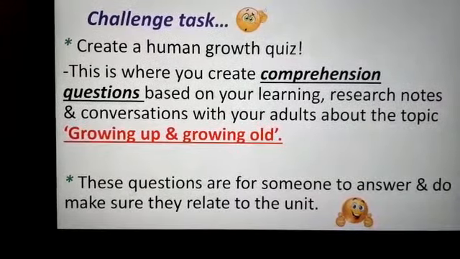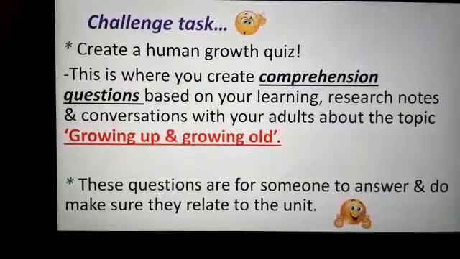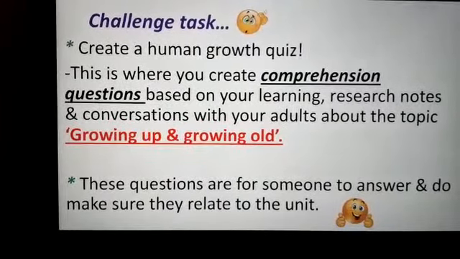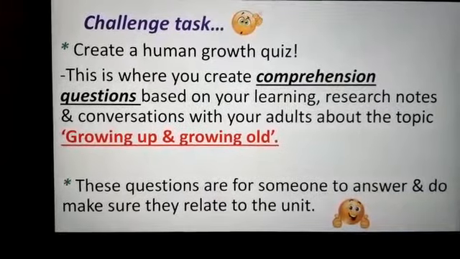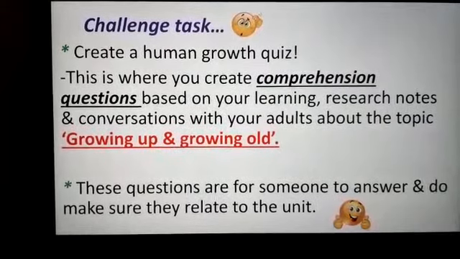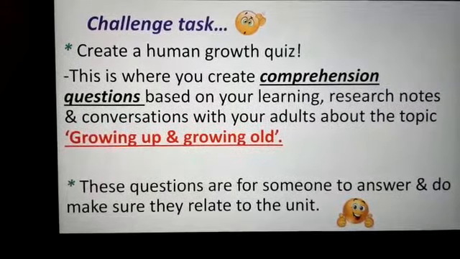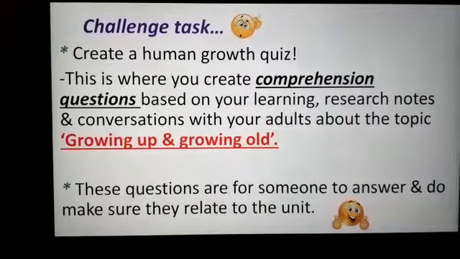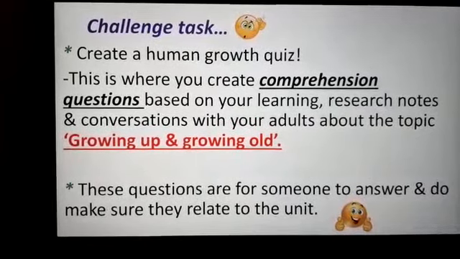Now, if you remember in humanities, you guys have been creating comprehension questions based on your reading about Christopher Columbus and his journey to the Americas. This is something similar, except you're doing this for science. So I'd like you to create your own human growth quiz. We're looking forward to reading this and seeing what kind of questions you guys have come up with. So good luck with that.